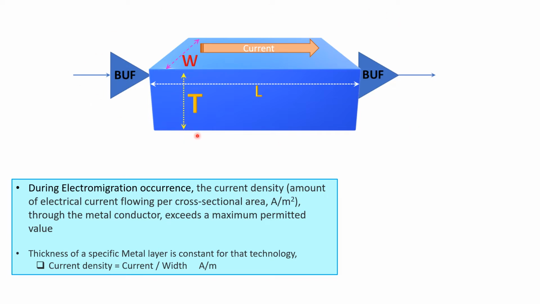To figure out the current density of metal 4, it is the current divided by the area, that is W times thickness. Since the thickness is constant, current density is controlled by the width and the current only.